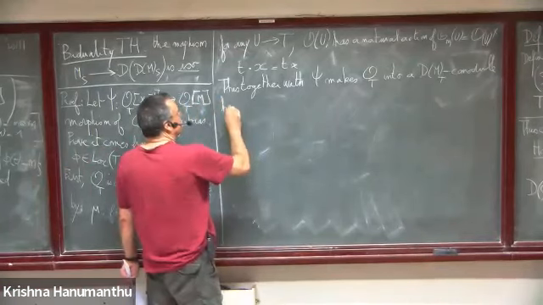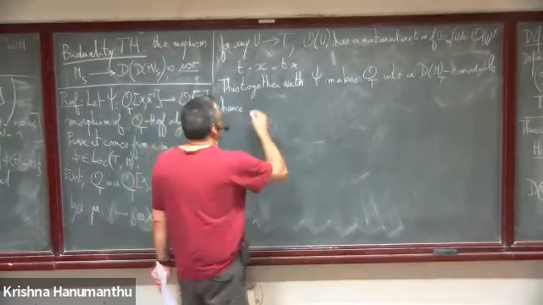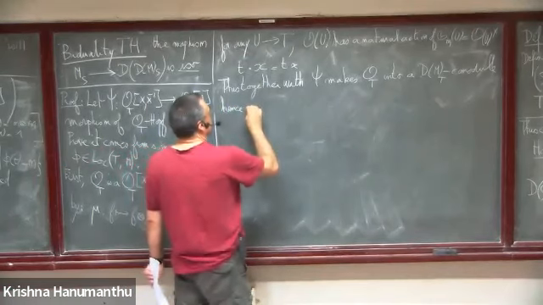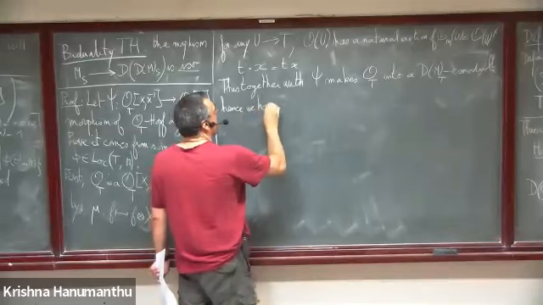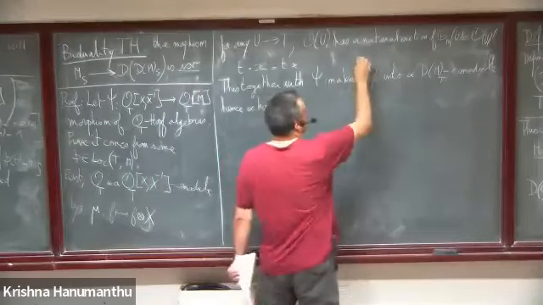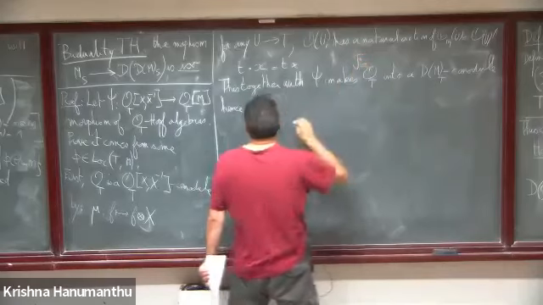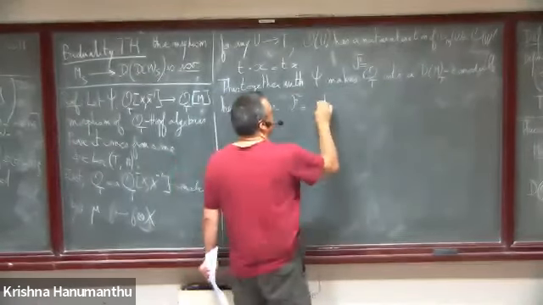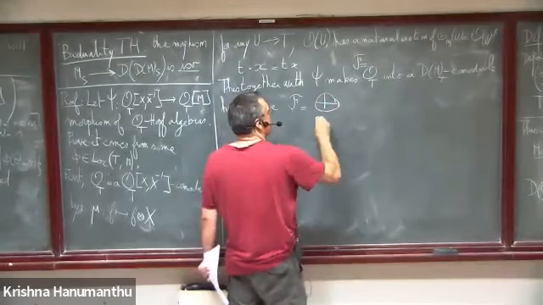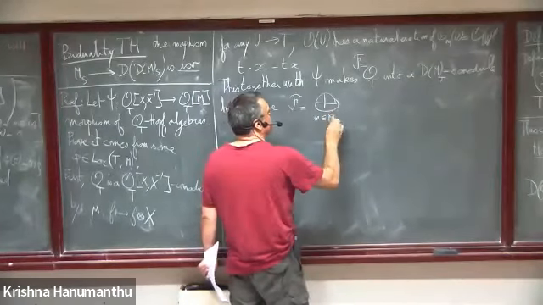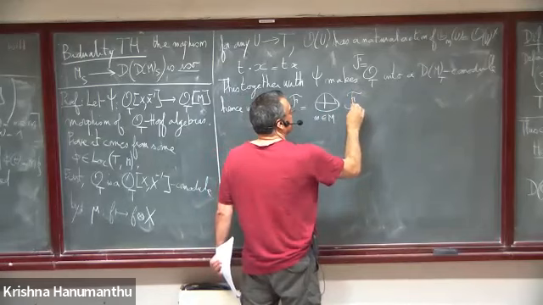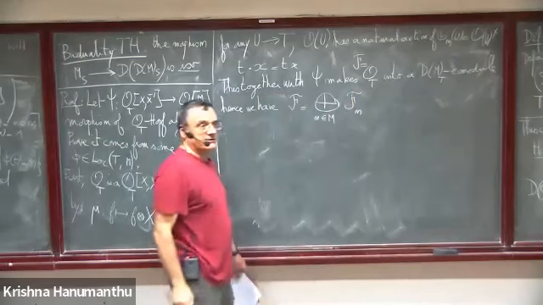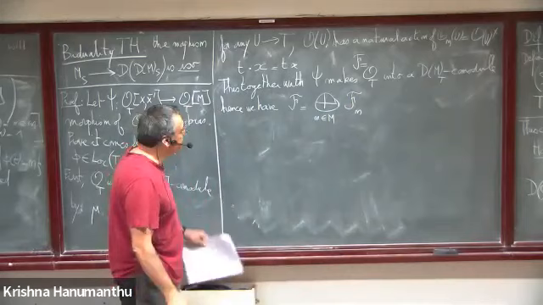Hence, by the previous lecture, and so let us call this F, we have a direct sum decomposition. F is a direct sum over all m in M of summands F_m.